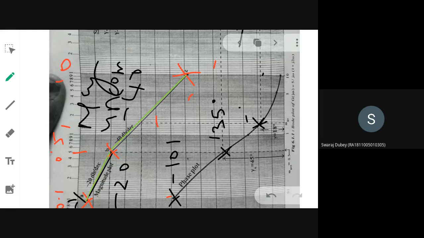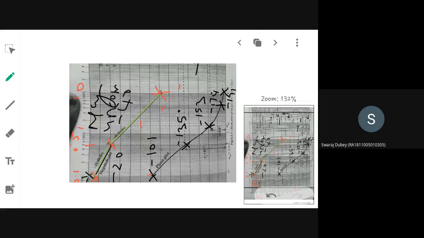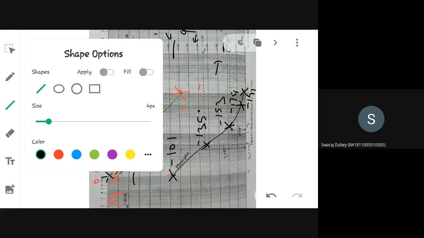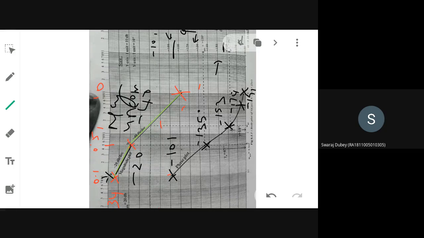Then what is the next value? At 5 radian and 10 radian, what is the value? Minus 174 and minus 177. So like this you have to plot and connect it using a scale. Scale is better.